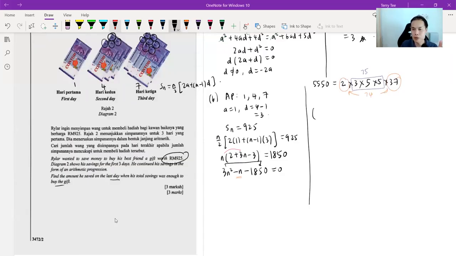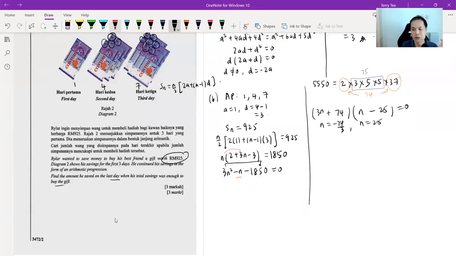Then I will put double brackets. This is 3n. This is n. To get 75, I put 25. To get the second one, 74, I just put 74 here. So this will be a minus and a plus. So my n is -74/3 or 25.